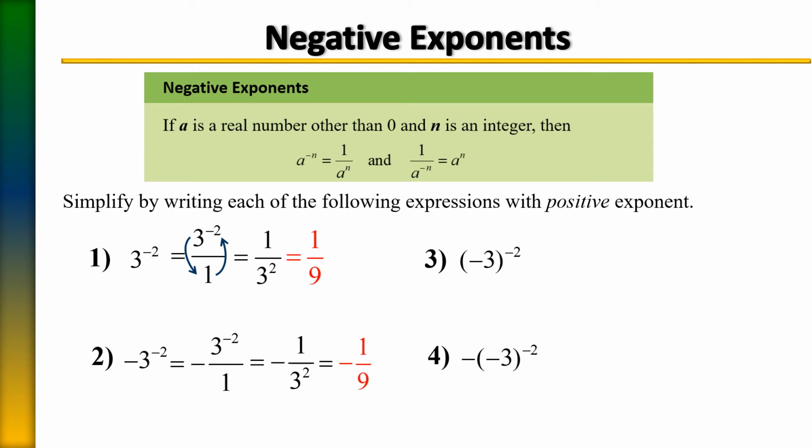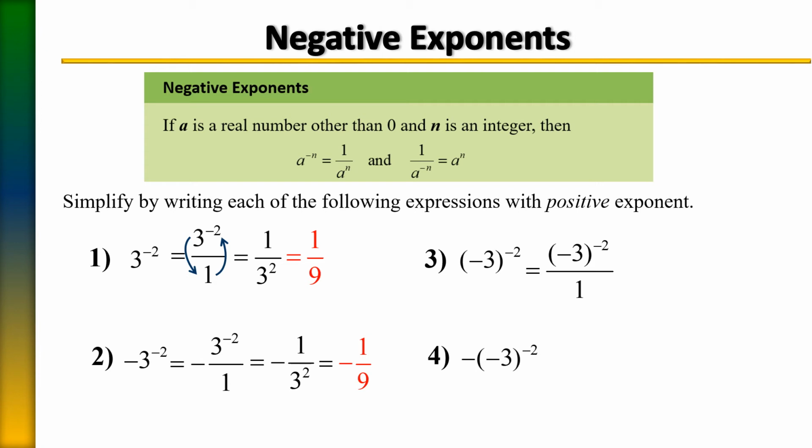Next, I have a scenario of negative 3 raised to a negative 2 power. Again, the only problem here is that you have a negative exponent. You cannot have a negative exponent, so you have to flip it. It's going to go on the bottom, and your 1 is going to go on top. Now keep in mind, when you have a number in parentheses, everything is going to go down to the bottom along with that parentheses.